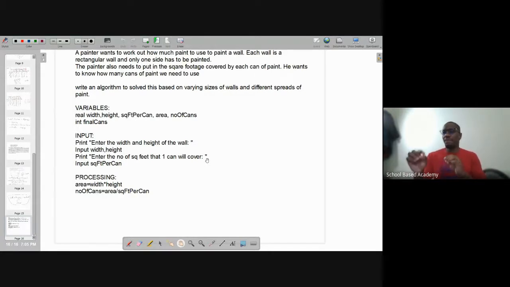But we are following the instructions here. So the painter might be buying a consistent size of cans this rounds, and this program is allowing for that particular scenario.